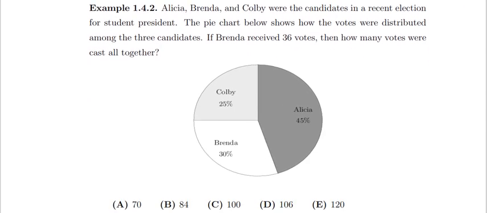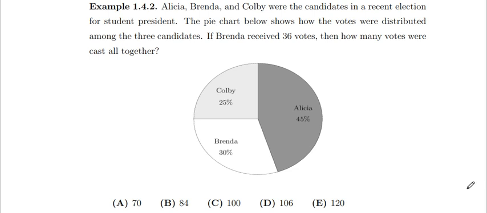Okay, so for percentages, sometimes we use a pie chart. The total is 100, so this part is 30%, this part 45%, like that, right? This 30% means if the total is 100, then you get 30. Okay, so now let's consider a problem.